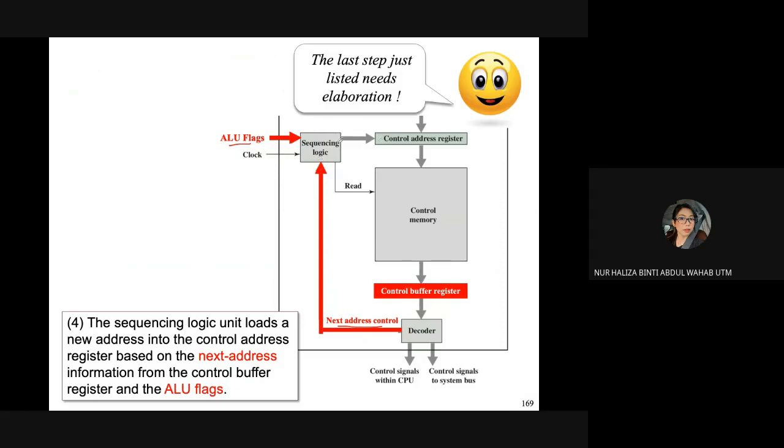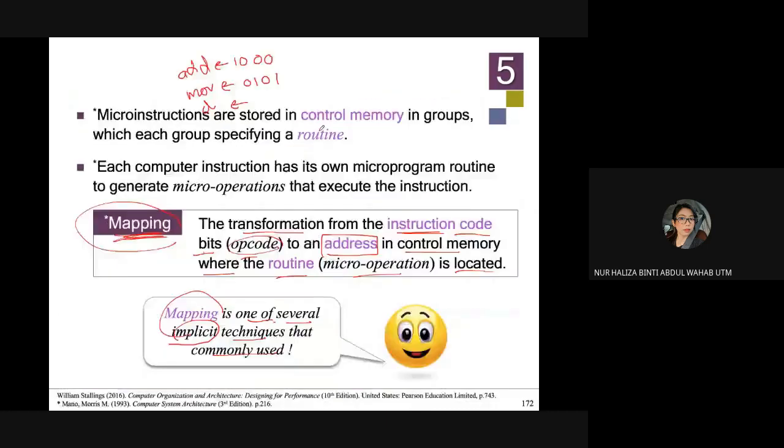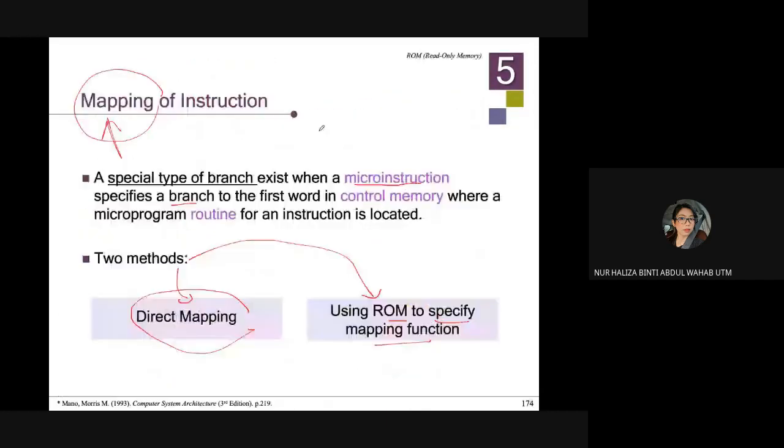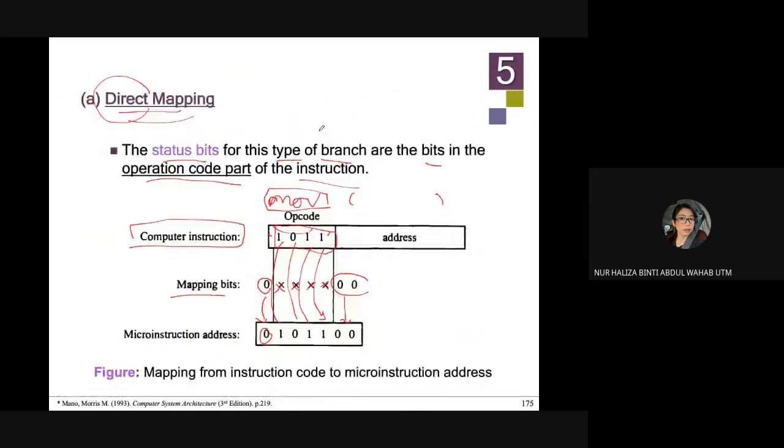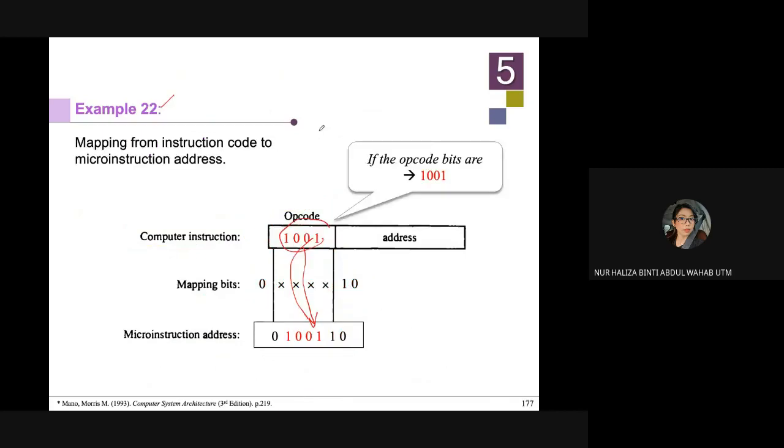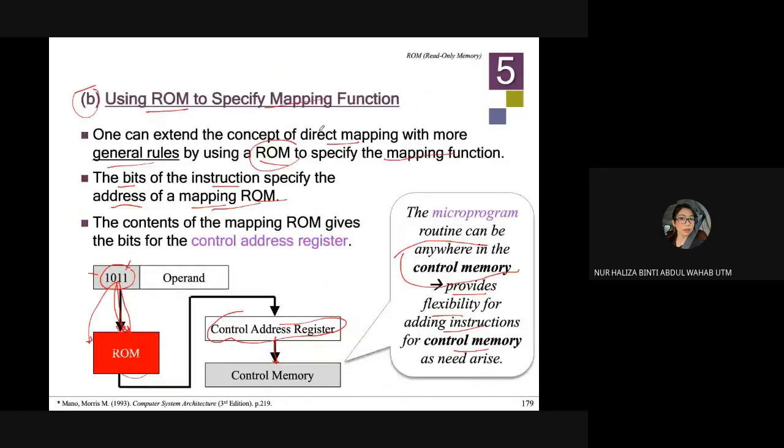So for the actual next address, you need to define it first by having these two different inputs. So under mapping you have two methods: direct mapping and using a ROM to specify the mapping function.